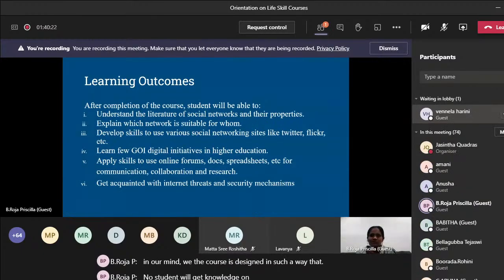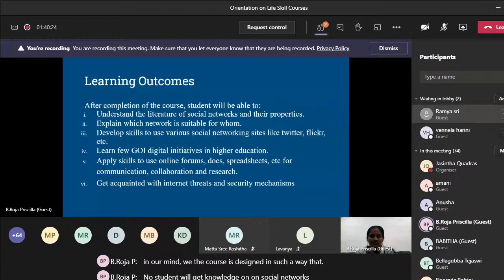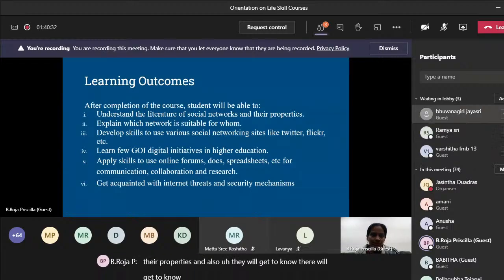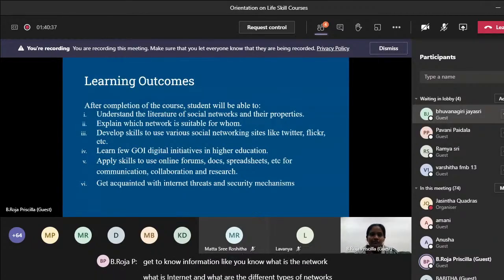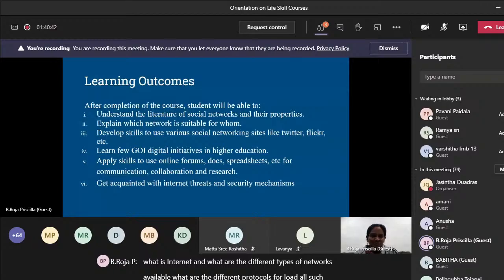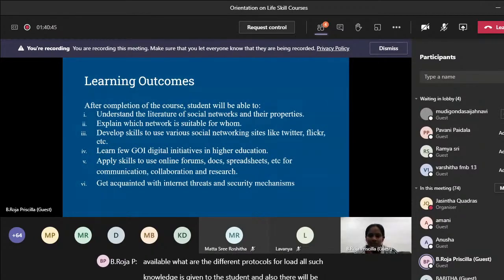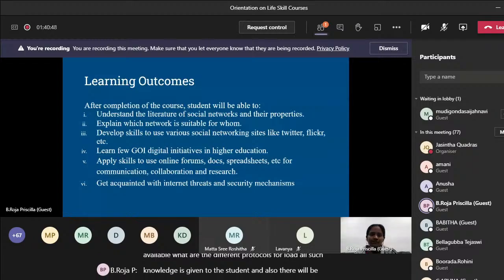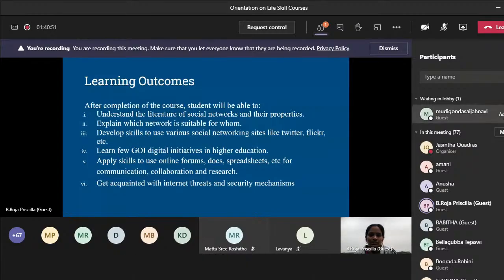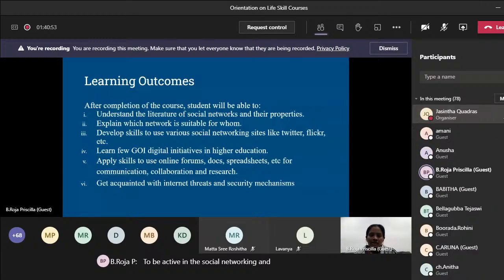knowledge on social networks and their properties, and they will get to know what a network is, what the internet is, what the different types of networks available are, and what the different protocols followed are. All such knowledge is given to the student, and they will also acquire all the skill set required to be active in social networking, to use email, to use all different types of Google products.